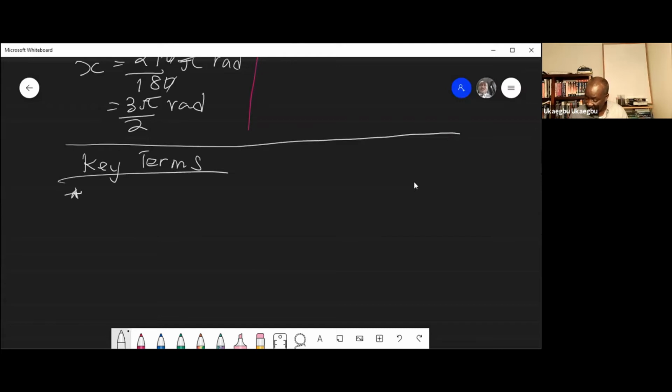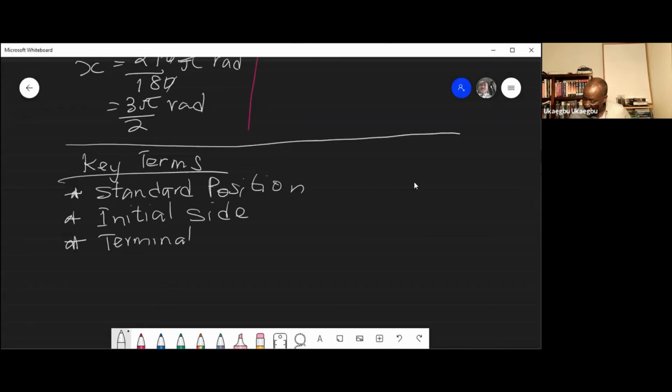The first key term, this is very important. It's called standard position. The next one is called initial side. The next one is called terminal side.